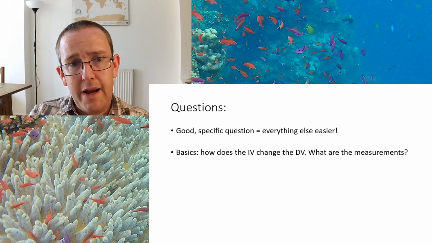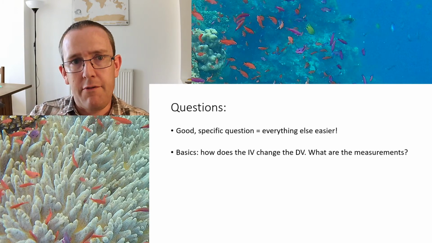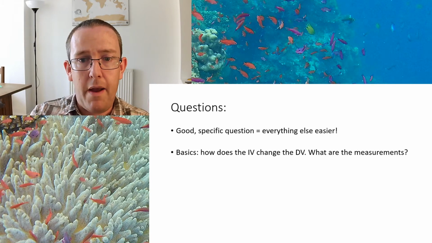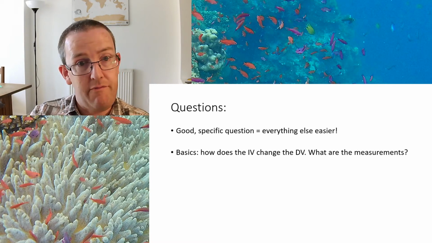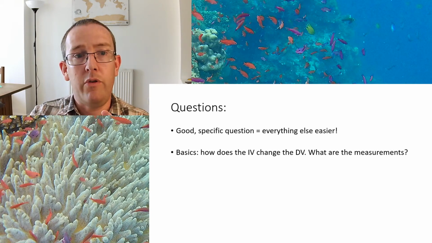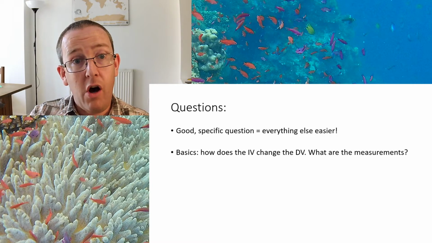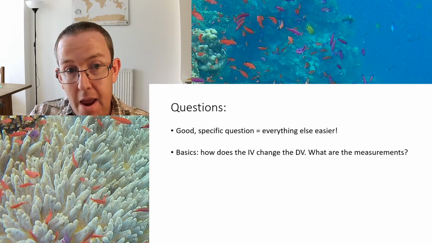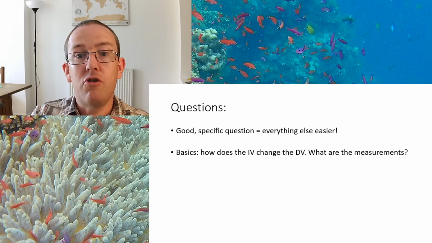So the basics, and again, this is GCSE level, you should all know this. How does the independent variable change the dependent variable? The independent variable is the one I change, and the dependent variable is the one that you measure. What are you measuring? If these independent and dependent variables are measurable things, great.